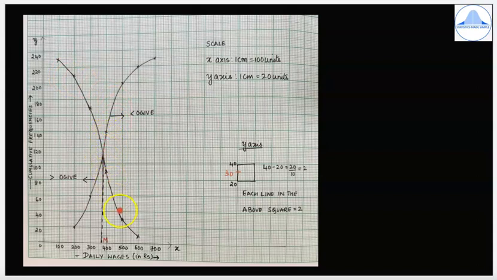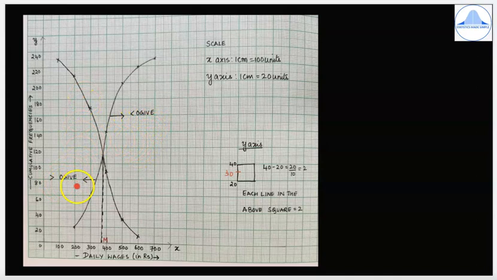Then similarly 500 is plotted against the value which is 200, 600 is plotted against 220, and 700 is plotted against 230. So then join all these points by a smooth curve and you will get the less than ogive.